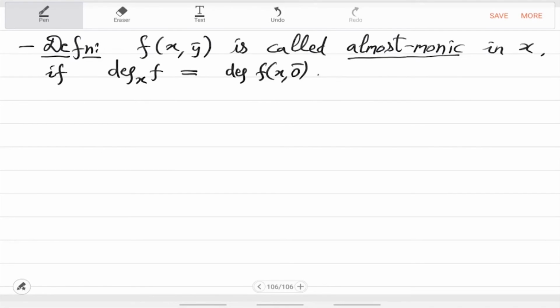It has some coefficient function of y bar, but that function in y bar has a constant term. This is what it is saying. These polynomials we call almost monic. Now your input polynomial may not be of this type. So what you will do then is randomly shift, and invoke the previous lemma.